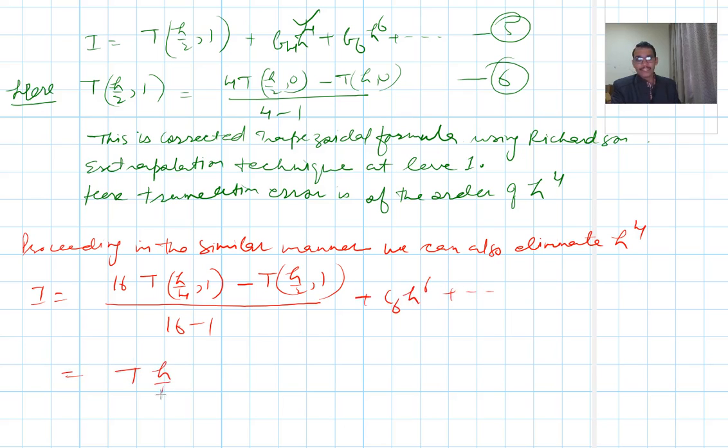We can write this as T(h/4, 2) plus c6 h raised to power 6, and similarly we can eliminate h raised to power 6.